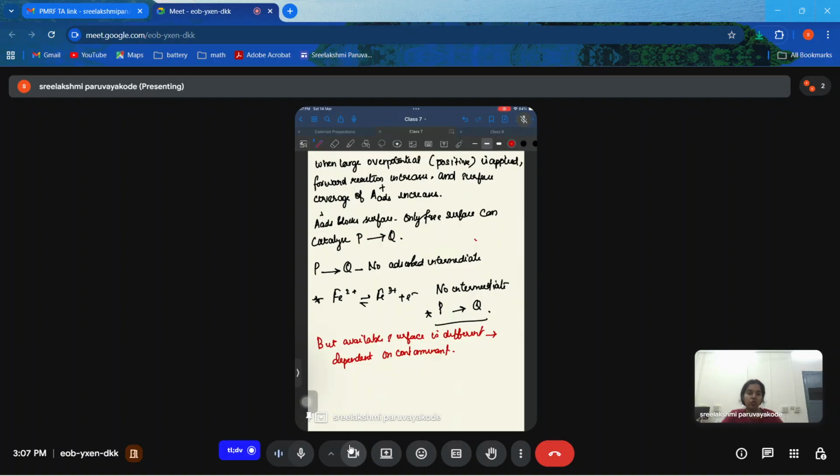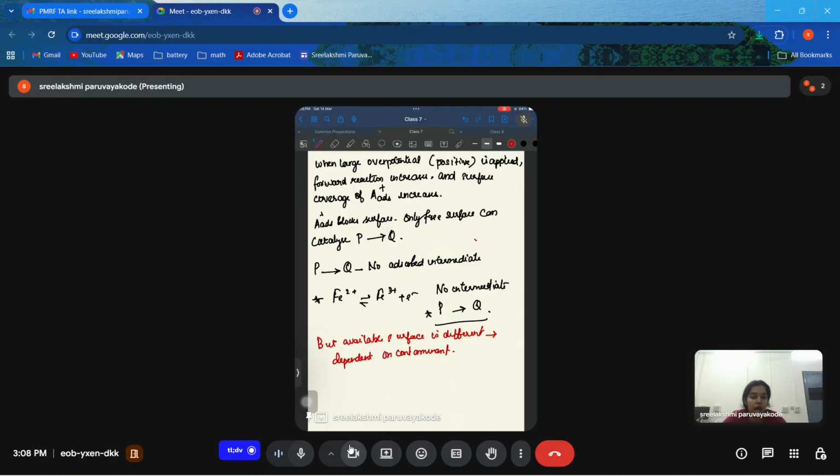Up to some potential, when the potential is increasing, we are catalyzing P giving Q reaction. But when it becomes excess, it also translates to a forward reaction of A solution becoming A adsorbed.